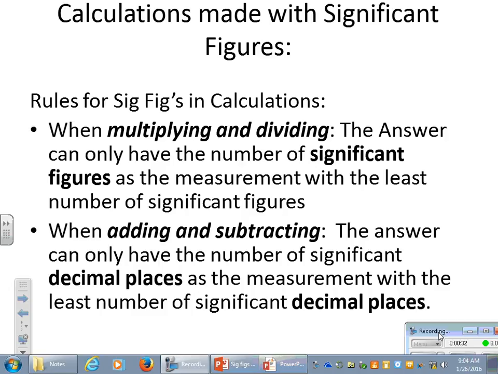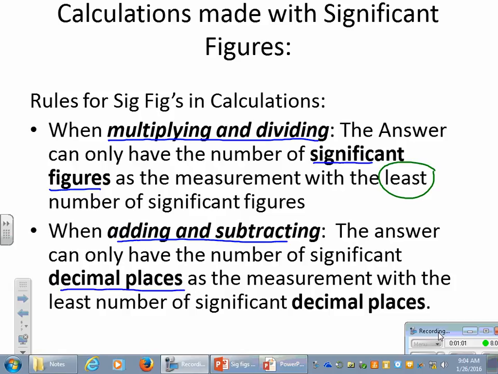We treat multiplying and dividing differently than we treat adding and subtracting. When we're multiplying and dividing, we're going to count significant figures, like you learned how to do in the last recording. But when we are adding and subtracting, we're simply going to count decimal places. Now, what applies to both adding, subtracting, multiplying, and dividing is that our answer must express our least accurate tool.